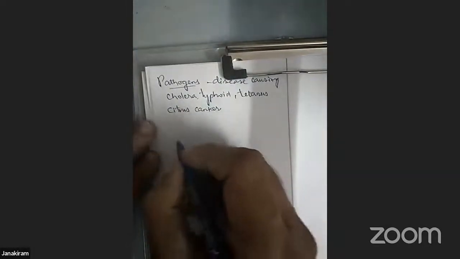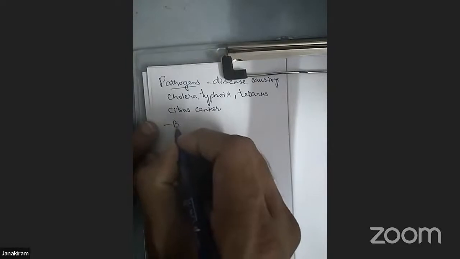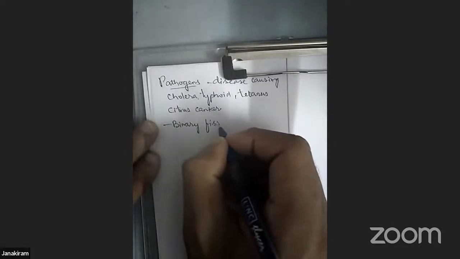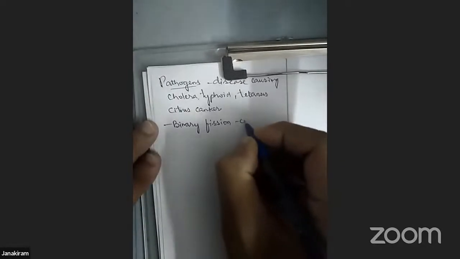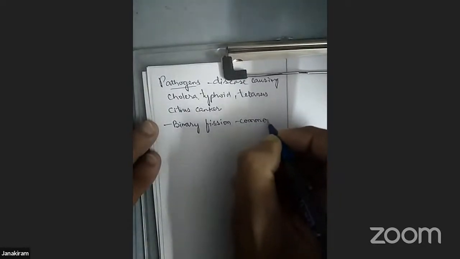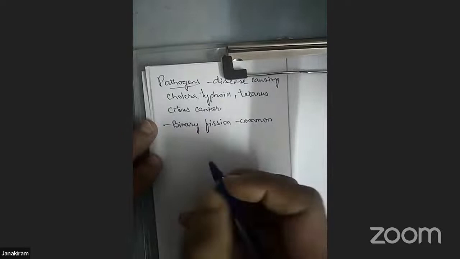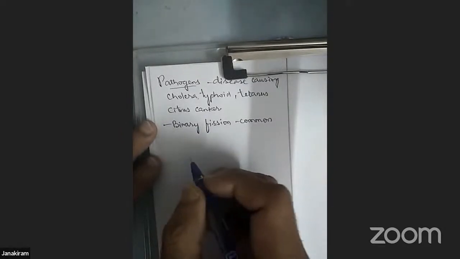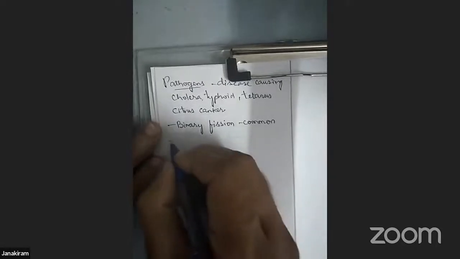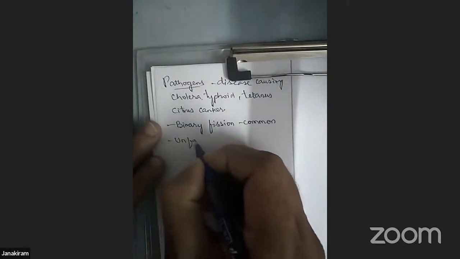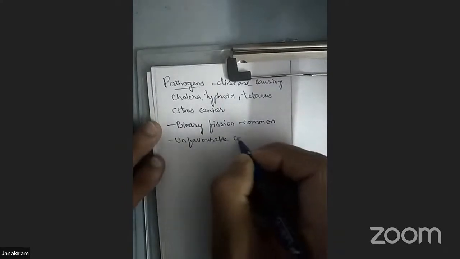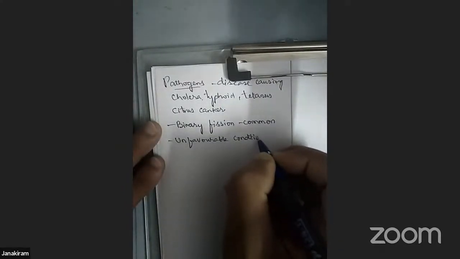Generally, bacteria perform a reproduction called binary fission, which is considered to be the most common type of reproduction performed by bacteria. This takes place during favorable conditions, but under unfavorable conditions, they produce a special type of resting spores.